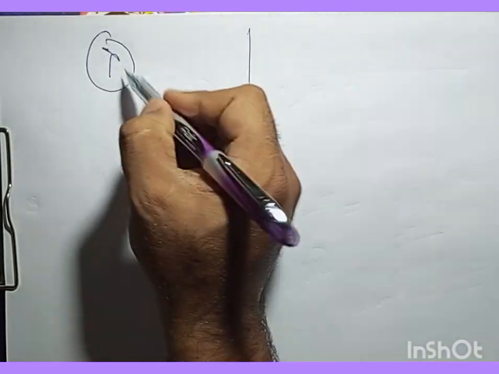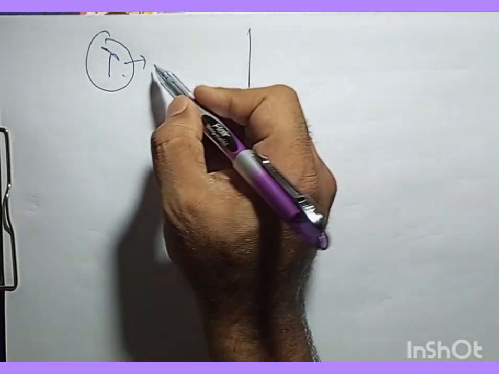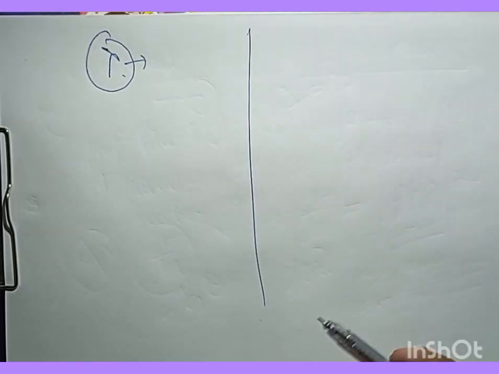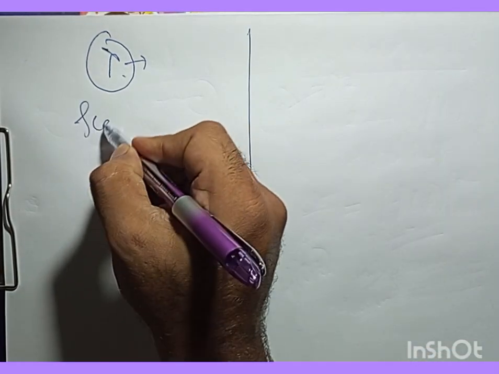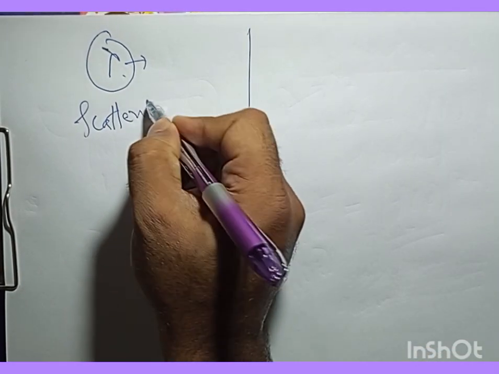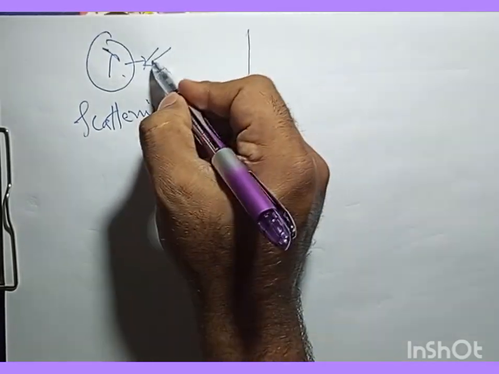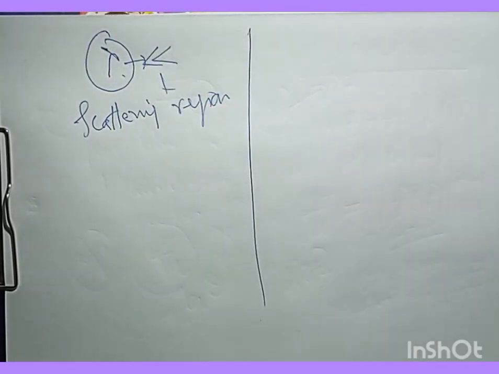So if this lambda is very small in comparison to the scattering region, then we have the classical limit.